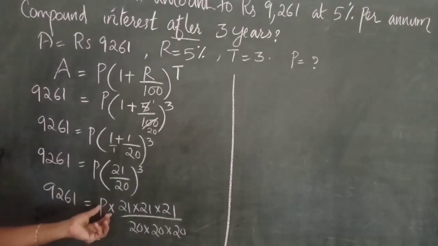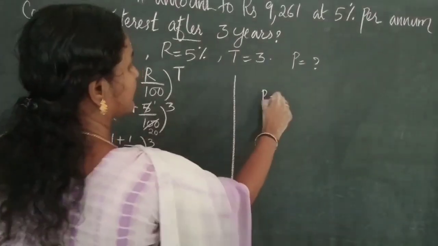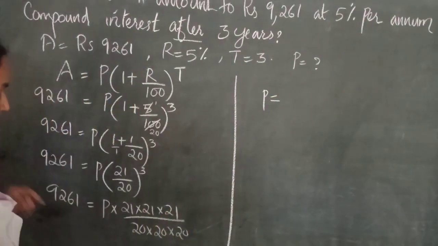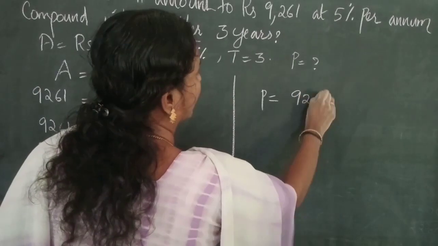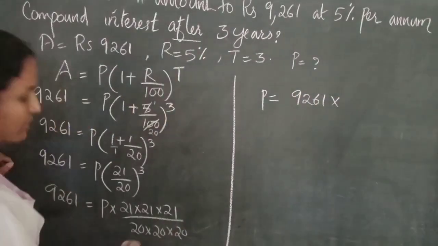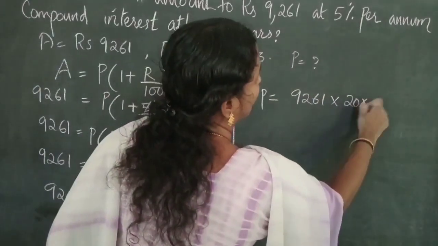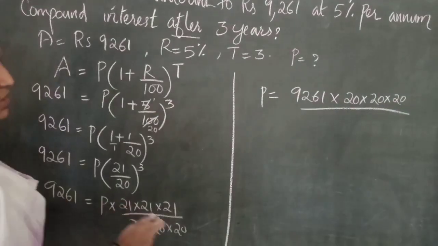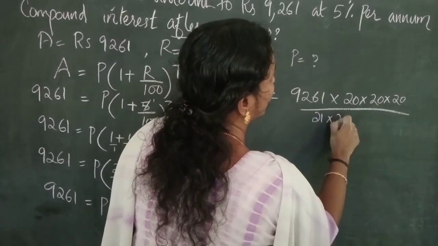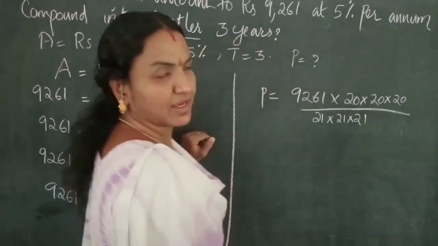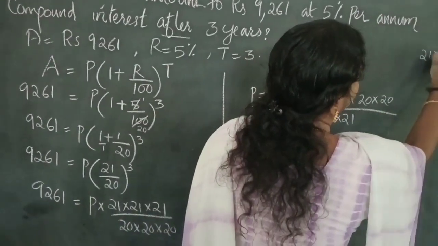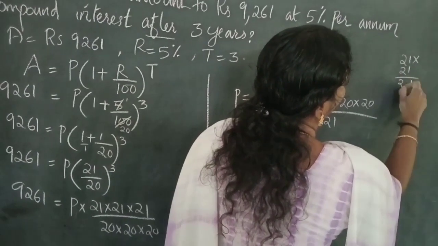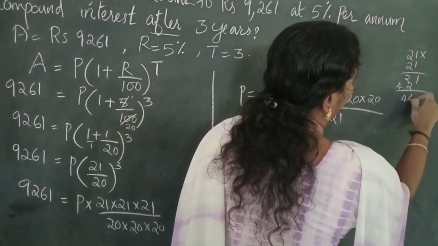You have to find the value of P. P is equal to, by applying cross multiplication, 9,261 into 20 into 20 into 20 divided by 21 into 21 into 21. 21 into 21 is 441.